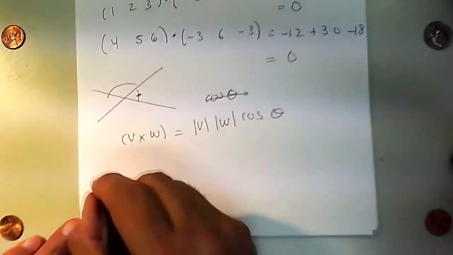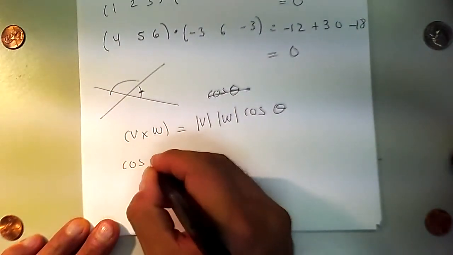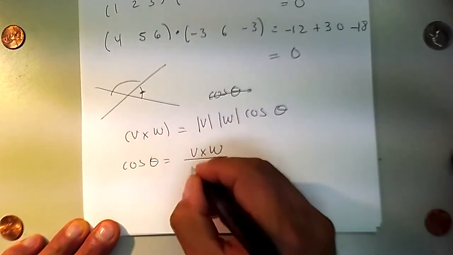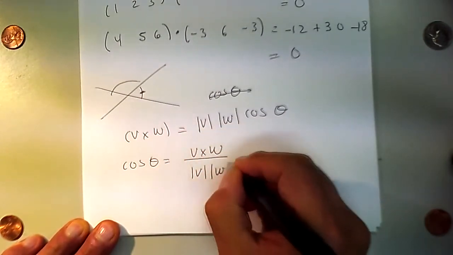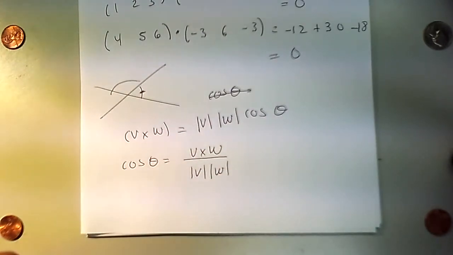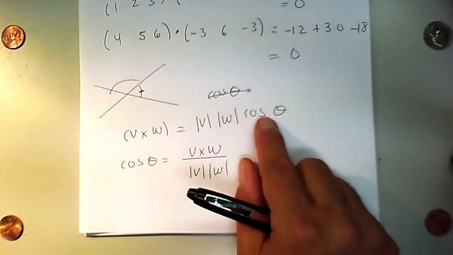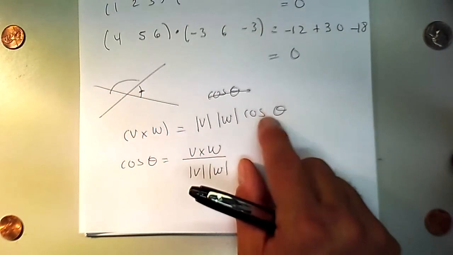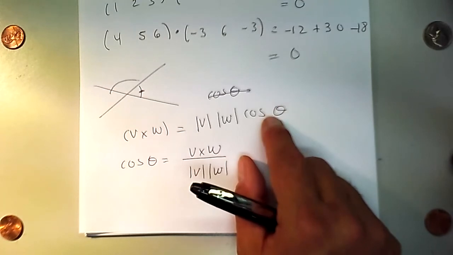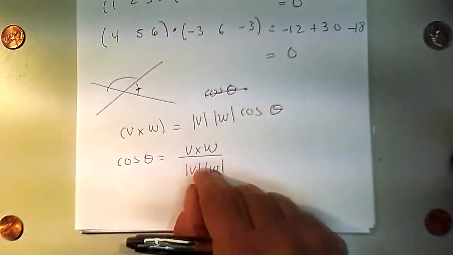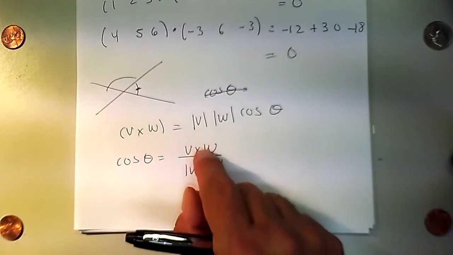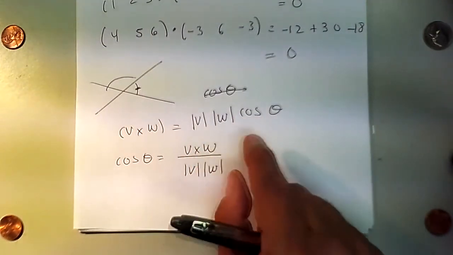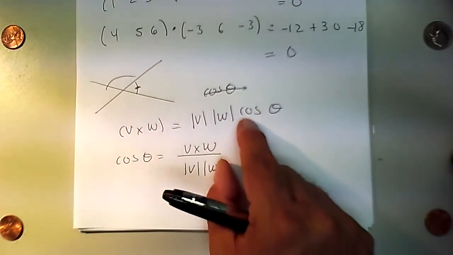So we get a lot of information. In particular, this product is maximum at 90-degree angles. It is minimum at 0 or 180 degrees.